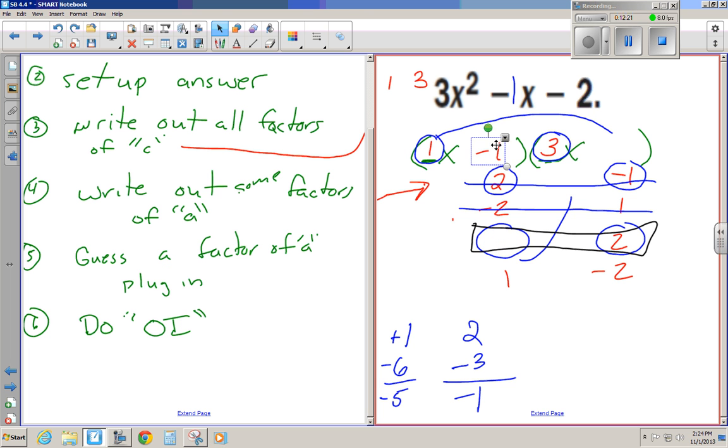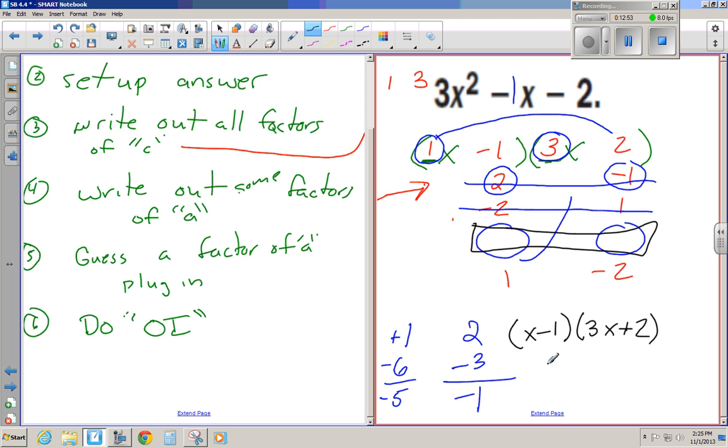So I take them, I put it there, I take this, I put it there, and now I know that my factored form is x minus 1 times 3x plus 2. And if you FOIL this all the way out, you should see that it's a correct answer.